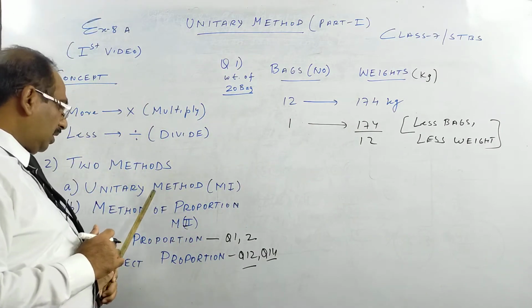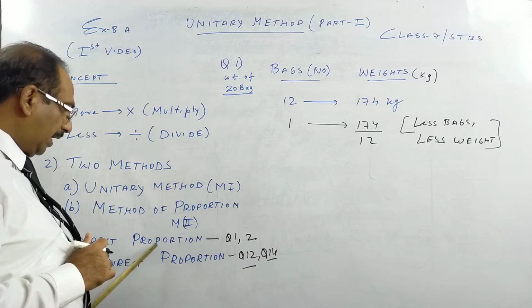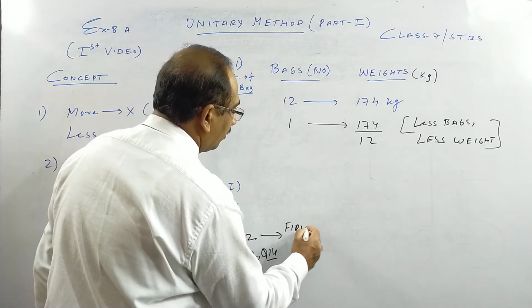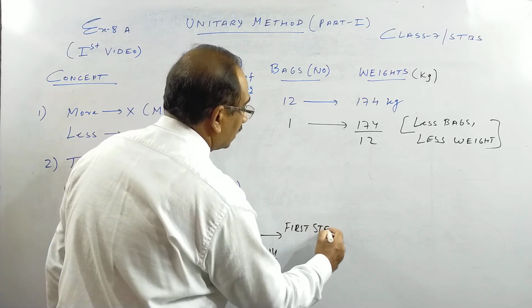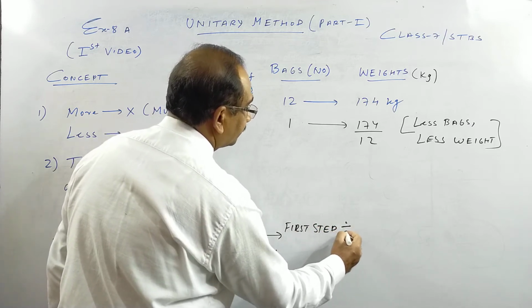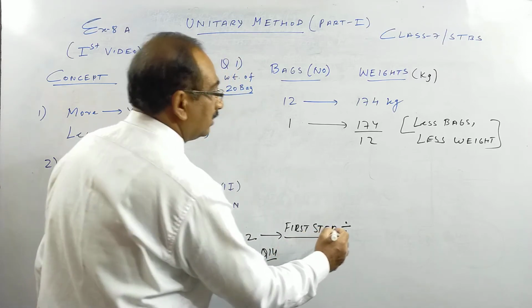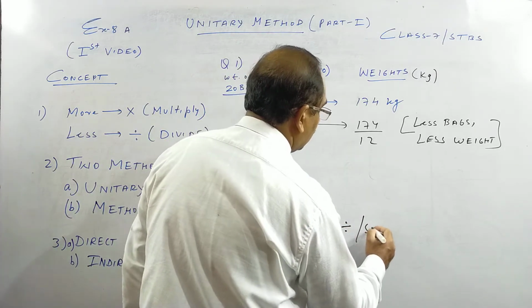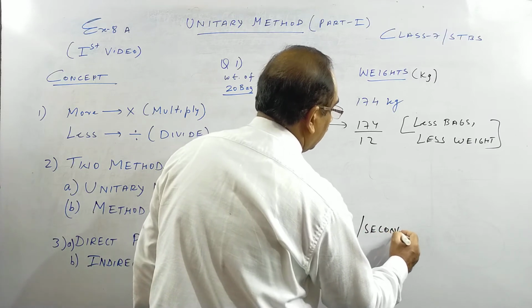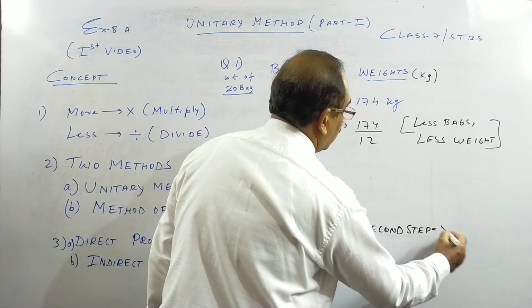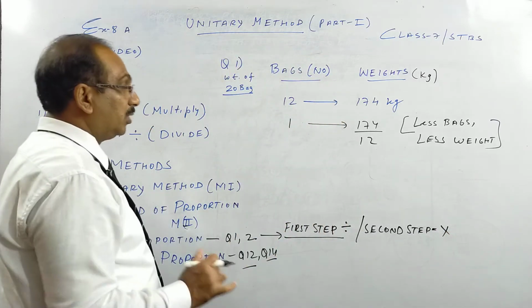So in this direct proportion, you will see, children, first step what we have is division. First step we have division, and second step you will see here is multiplication. Why? I'll show you. This is not cut, this is multiplication.